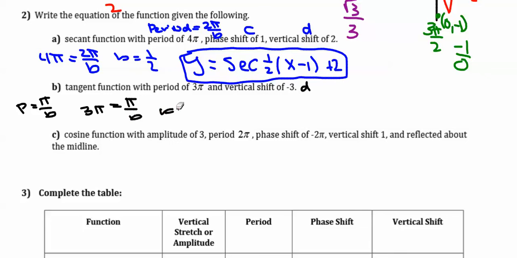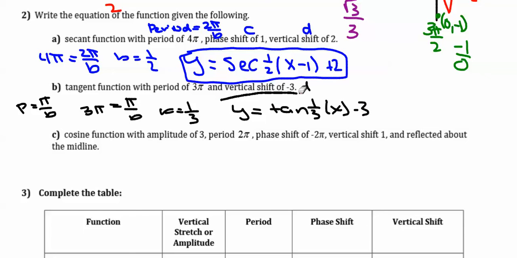You'll get b to equal 1/3. So my equation is going to be y equals tangent of 1/3 x minus 3. It's being shifted down 3 units. And it's being stretched.